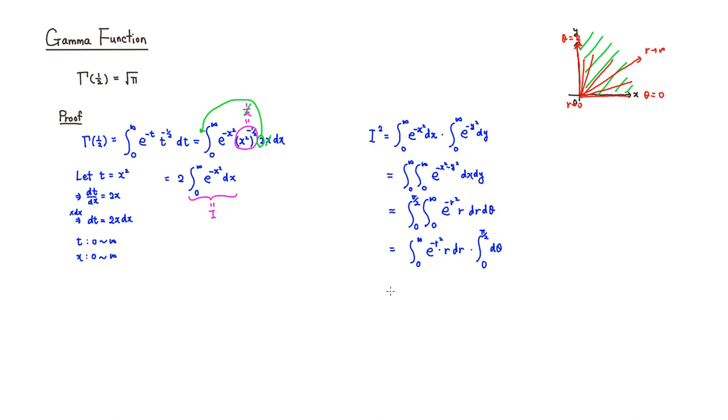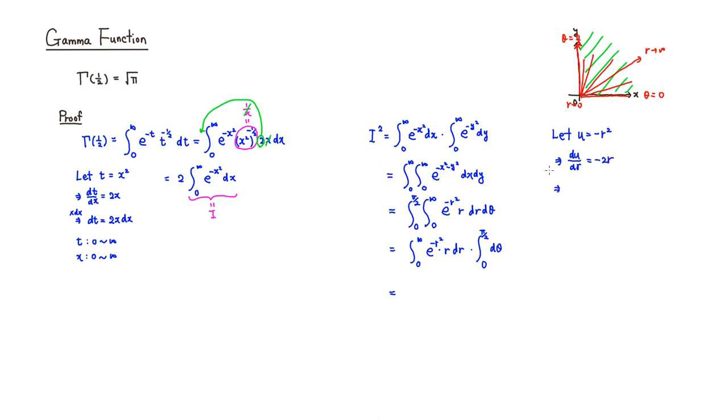I'm going to do a substitution here again. I'm going to let u equal negative r squared. If you take the derivative of u with respect to r, we get negative 2r.